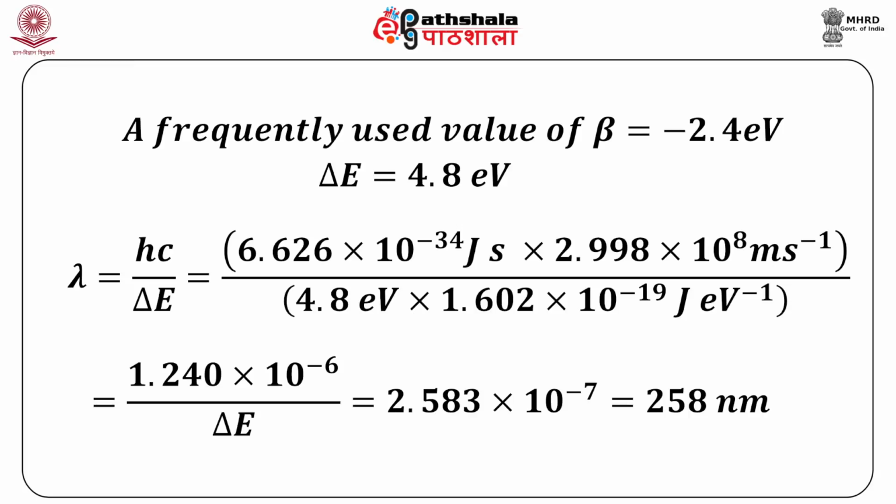When you convert it into wavelength, lambda is equal to hc by delta E, and this will be 6.626 into 10 raised to the power of minus 34 joule second into 2.998 into 10 raised to the power of 8 meter per second, multiplied by 4.8 electron volt, which was delta E, and into 1.602 into 10 raised to the power of minus 19.